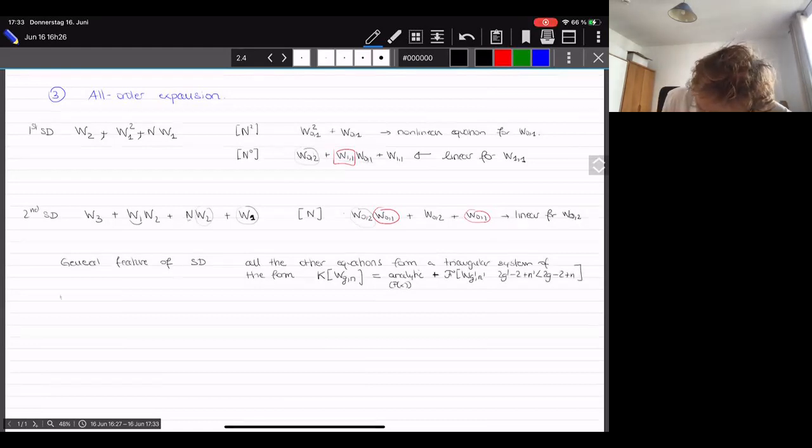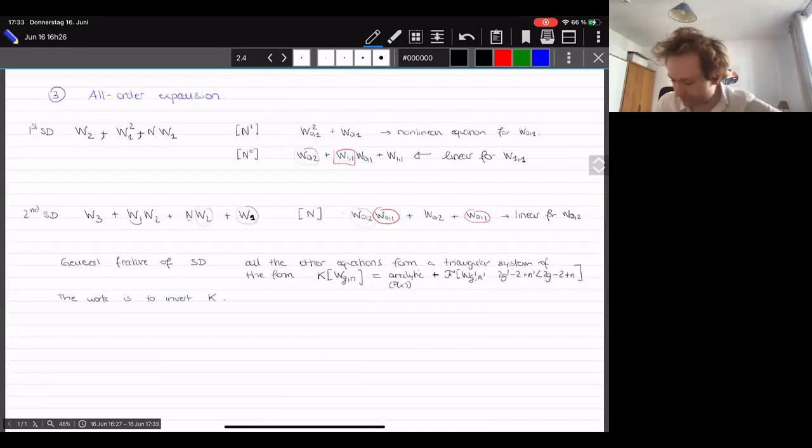And so the work is to invert K. If you can do that, you can solve everything.